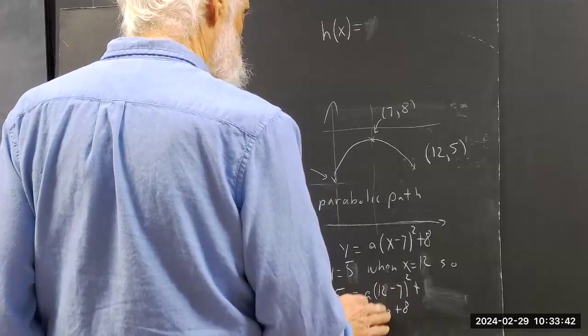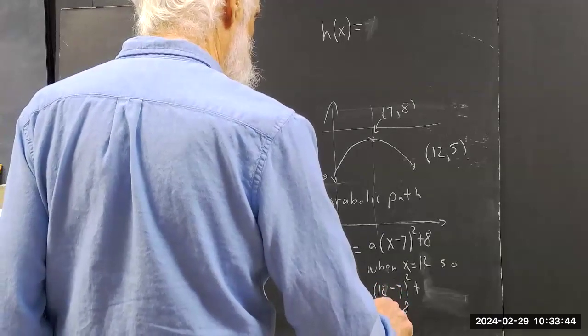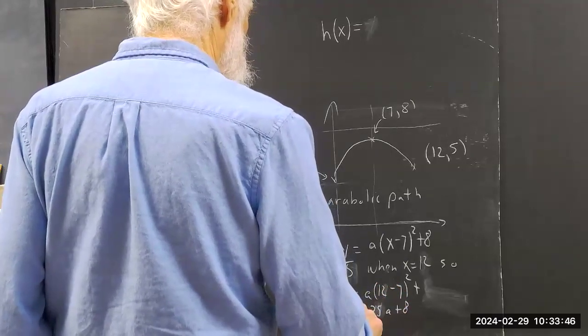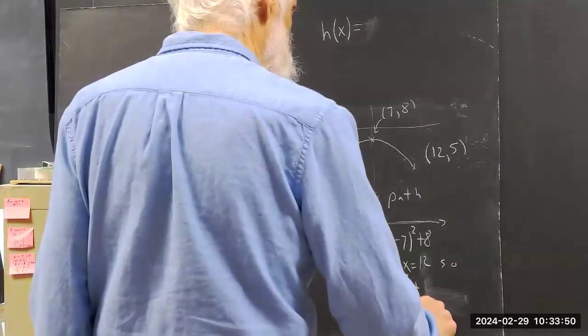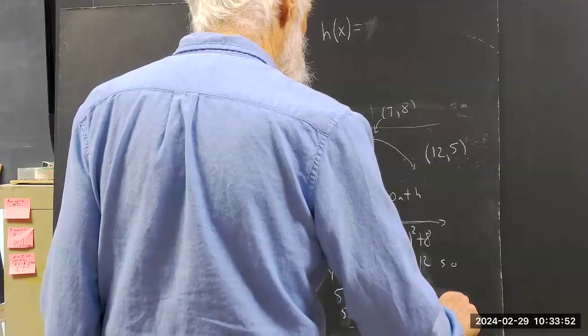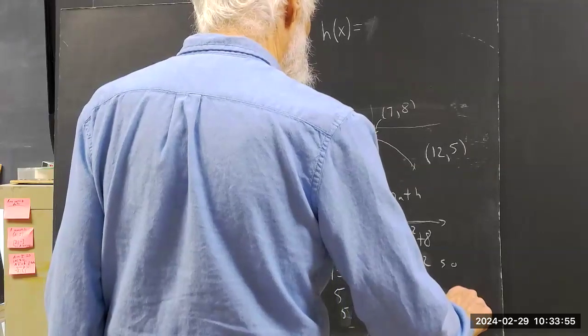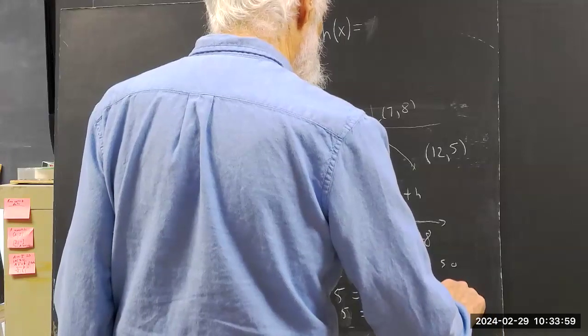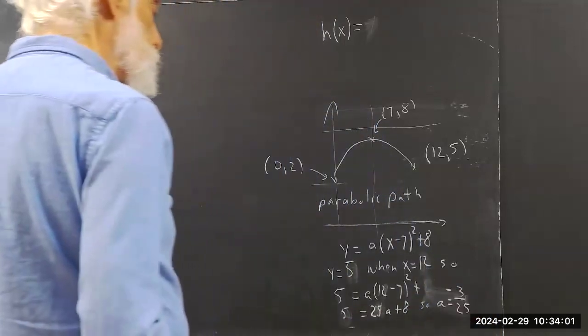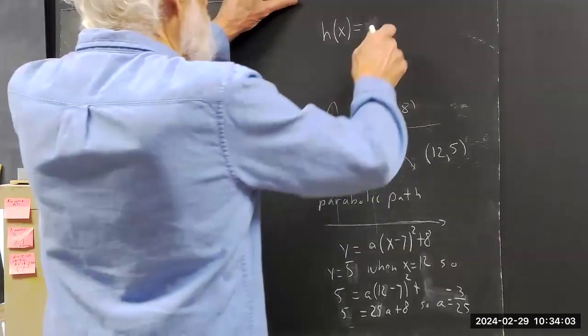Now, if we square 12 minus 7, we get 25. Here we get 5. A turned out to be negative 3 over 25. Okay.